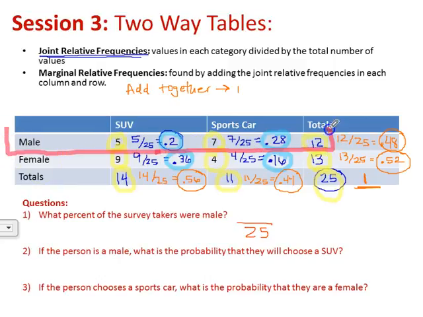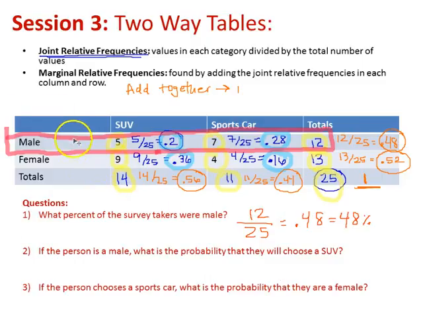This whole column right here, those were our males. So 7 plus 5, we had a total of 12 males. So 12 is going to be our numerator, so we would have 12 out of 25. If we want that as a percent, we go from a fraction to a decimal, which is 0.48. Move our decimal 2 places to the right, and we get 48%. So 48% of the total people who took the survey were males.